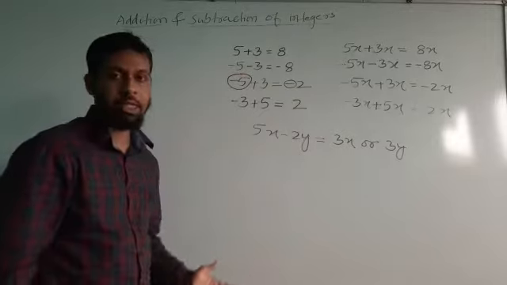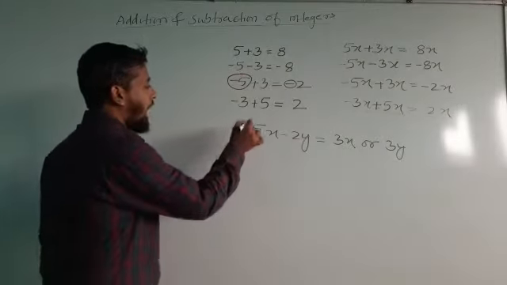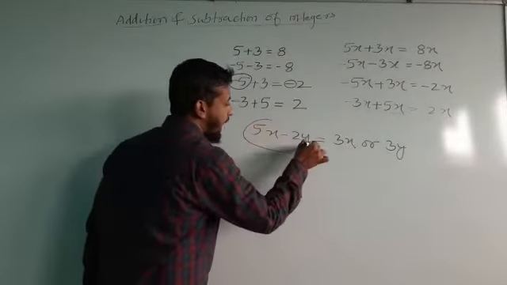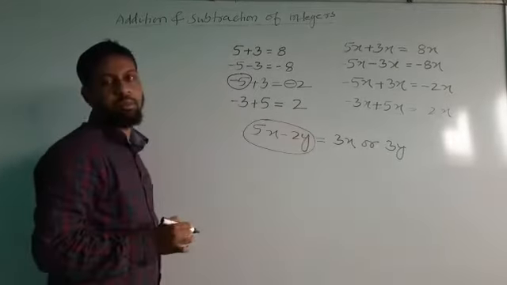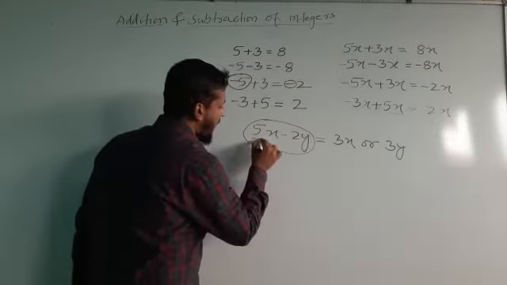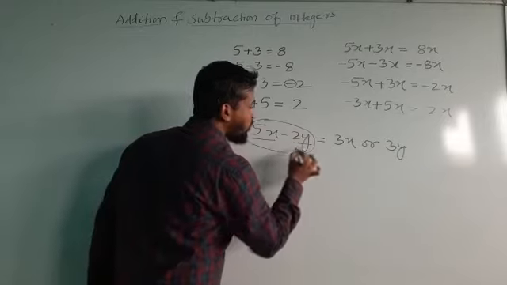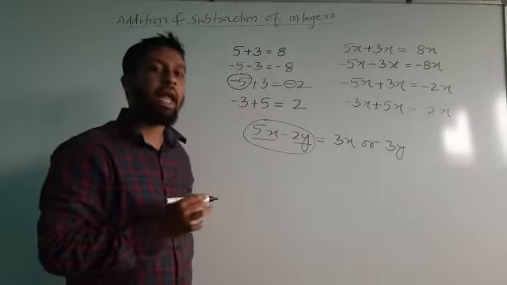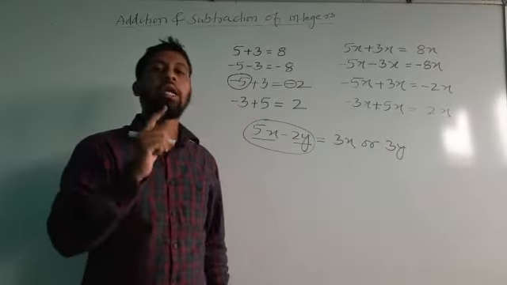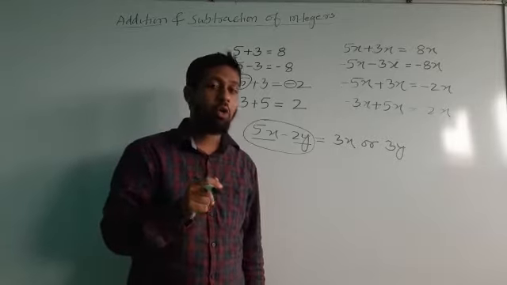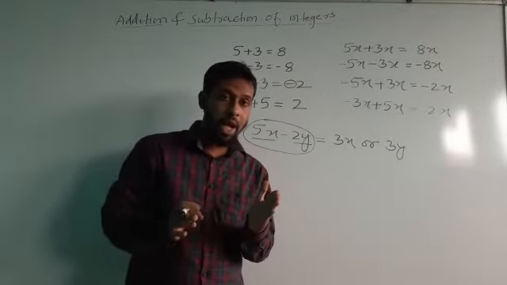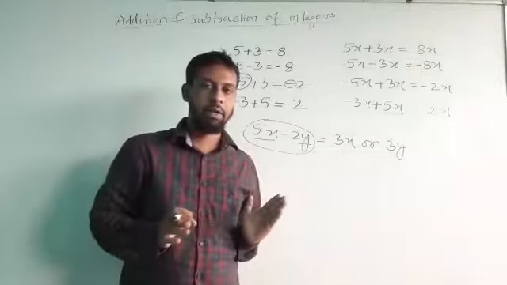Some students do this mistake. Now I will tell you something. How will you subtract the unlike terms? This is 5x, this is 2y. They are unlike terms. Only, keep in mind, this is important, only like terms can be added, can be subtracted.